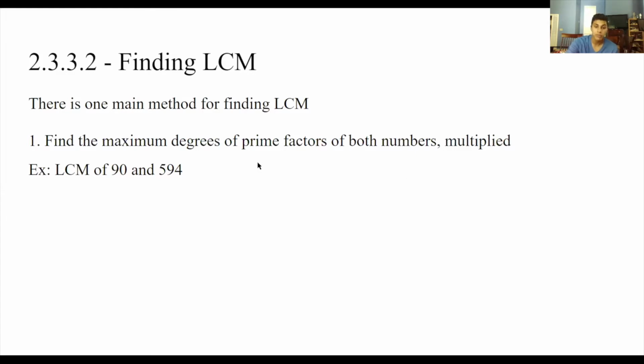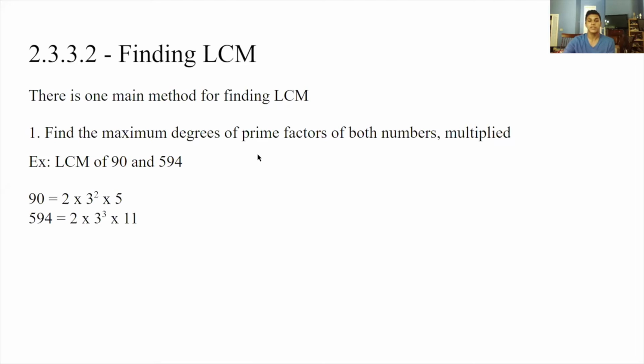I actually have it written down right here, just so I can show you how this method works, but you would have to use the tree diagram and actually find the prime factorization of both numbers in order to do this method. So the prime factorization of 90 is 2 times 3 to the power of 2 times 5. And the prime factorization of 594 is 2 times 3 to the 3 times 11.